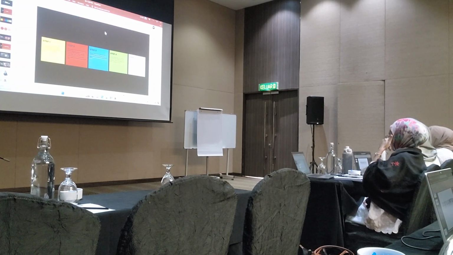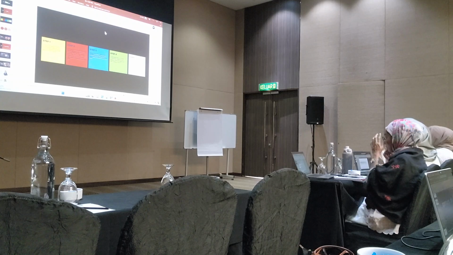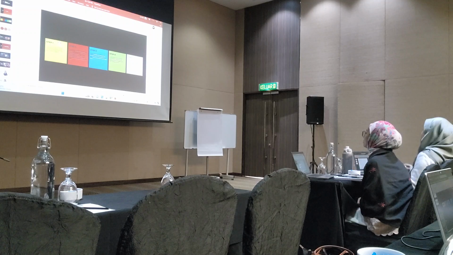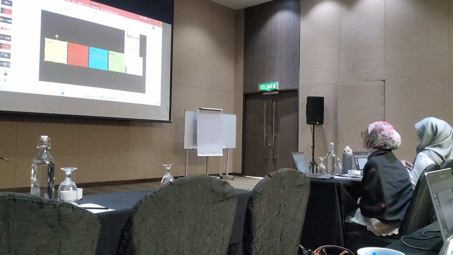Now the thing that you can do to improve on this is, for example, instead of putting multiple colors for every box, here's what you do. Under shape fill, the first section here is called theme colors, and you can see down here, diorang dah bagi all the color tones that you can use. Just select a color tone and work your way down.